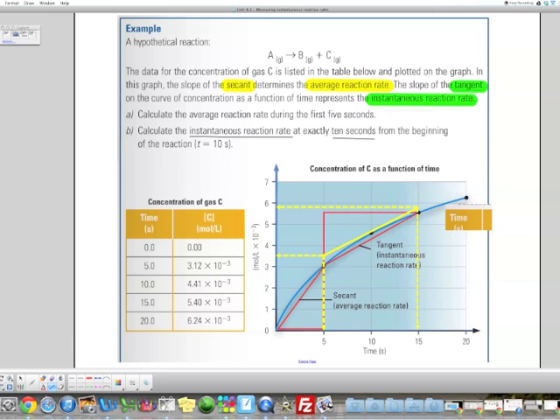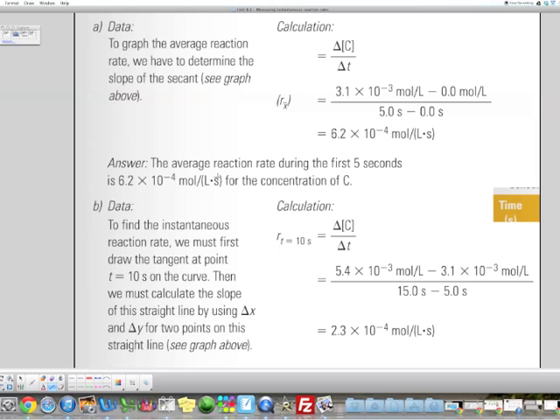If we look at their calculation, I think they have slightly different readings, but it basically will give you a similar rate. I would have said personally that this is 5.8, and this is 3.5. The time, delta t, 15 and 5, that is fine.